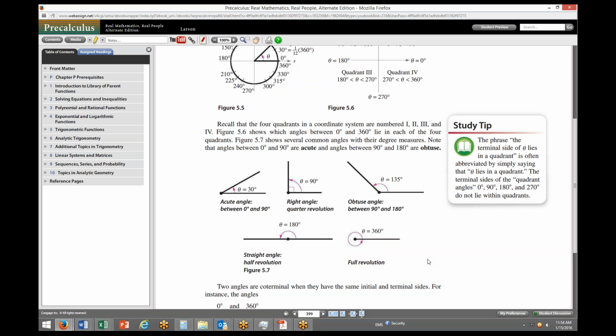So there's acute angles, right angles, obtuse angles, and one I didn't mention also, a straight angle is the 180-degree angle. And you say, well, that's just a straight line. Yes, it is. Geometrically, a straight line and a straight angle are absolutely the same set of points.